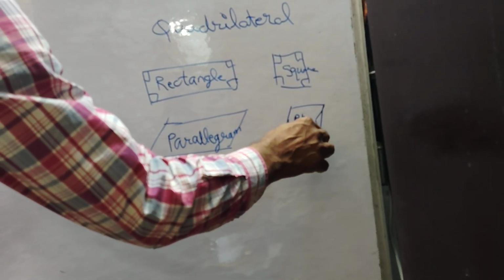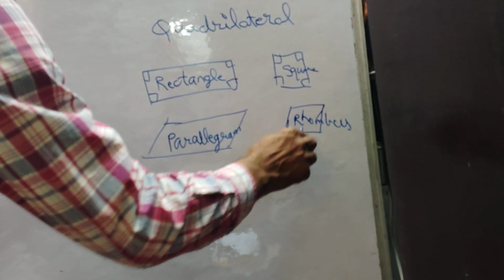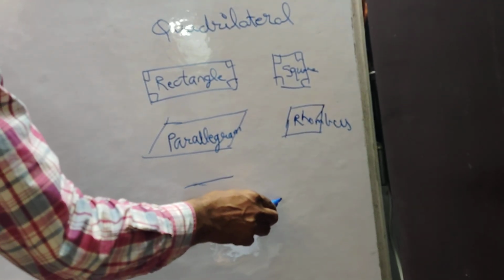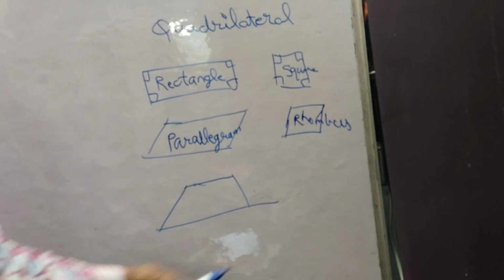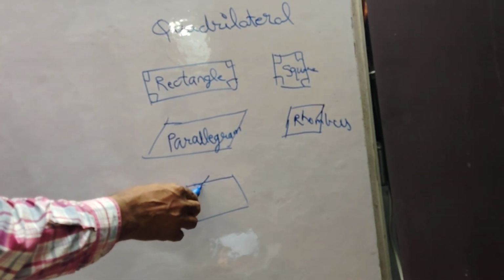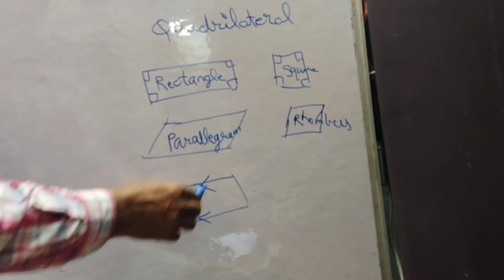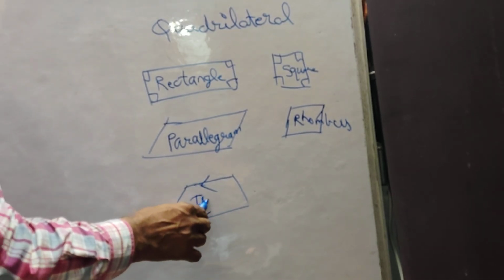Now next is opposite sides, where only one pair is parallel, but the other sides are not parallel. Parallel sign is this. These two are parallel sides. So it is called trapezium.